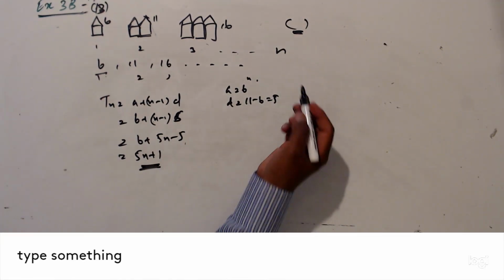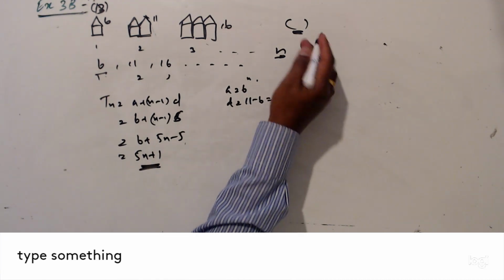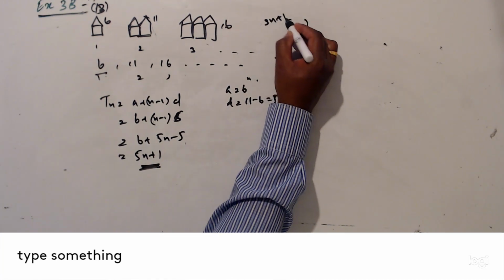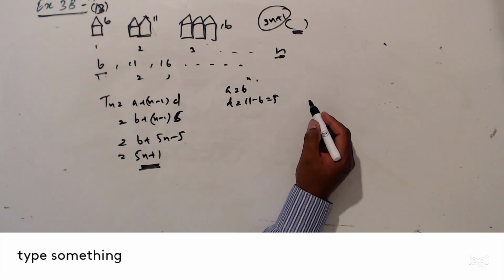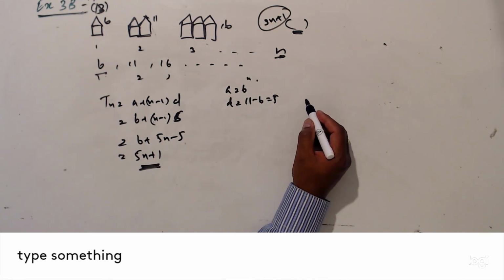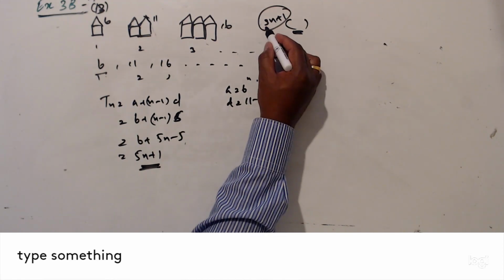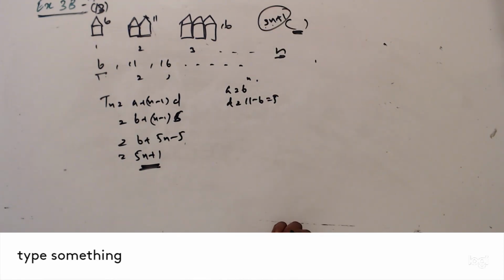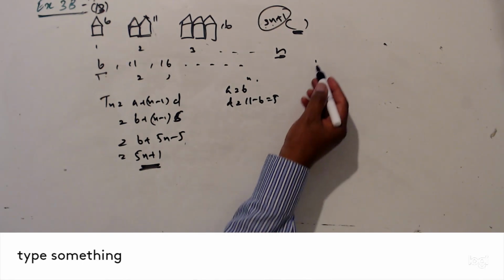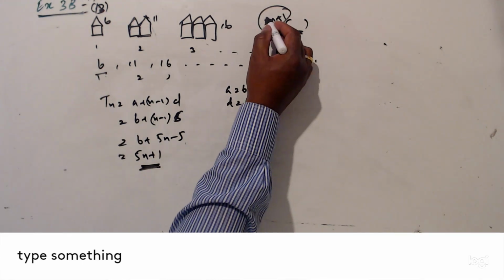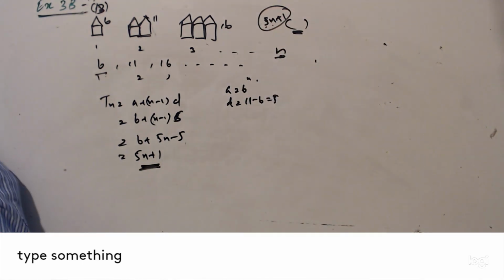So for the nth row, we need 5n plus 1 sticks. For the 30th row, we need 5 times 30 plus 1. For the 100th row, we need 5 times 100 plus 1.